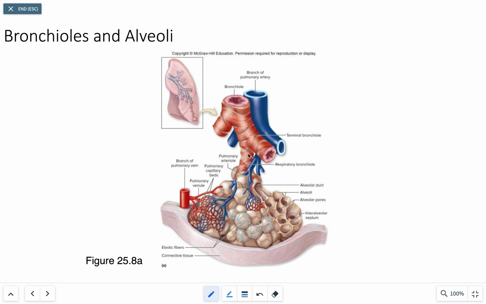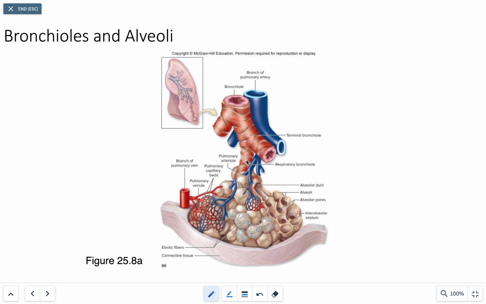Then as we're coming down, we're eventually going to come into what's called a respiratory bronchiole, and this has just a simple epithelial tissue, which is much thinner for gas exchange.